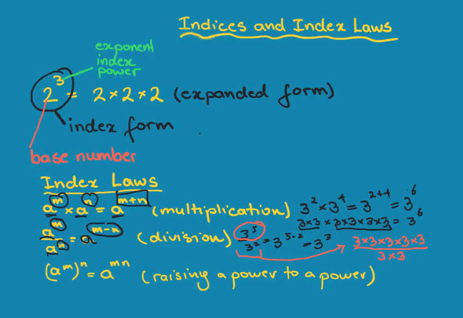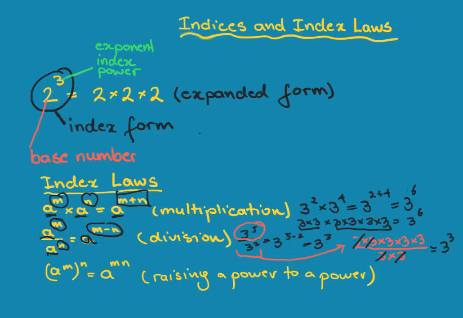So the first thing which we can do here is cross out, cancel out a 3. 3 divided by 3 is 1, so that's why we can cancel out. What we are left with is 3 times 3 times 3, 3 lots of 3, which is 3 to the power of 3.